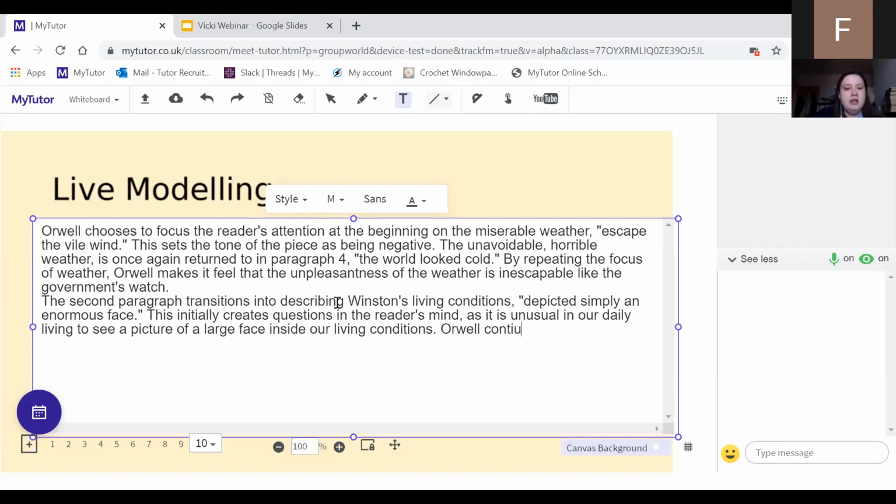Orwell continues to describe the man, therefore creating tension as the purpose of this poster isn't revealed until the last sentence of the paragraph.